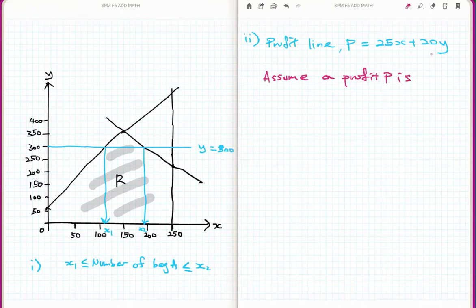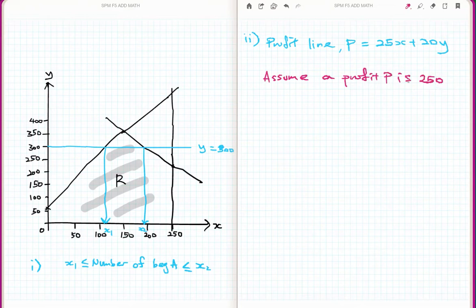I would say maybe 200 or 250. Maybe I would say 250. If a profit is 250.